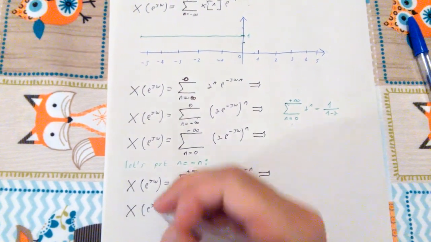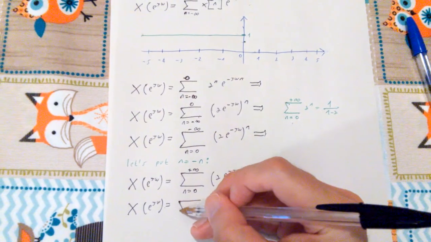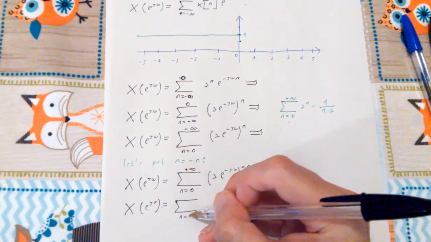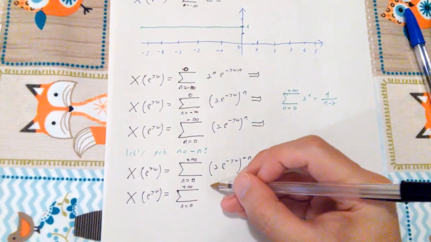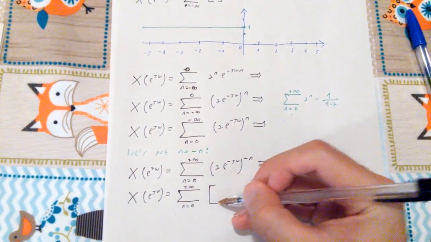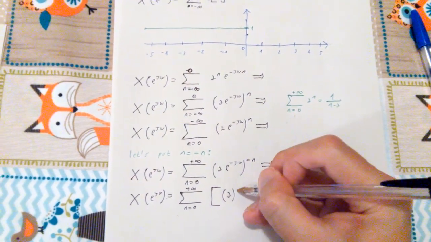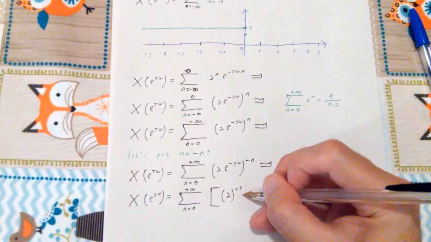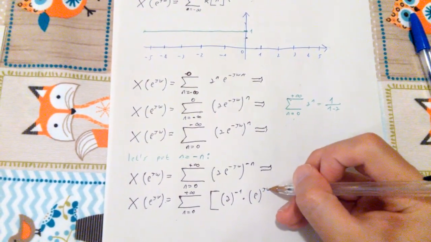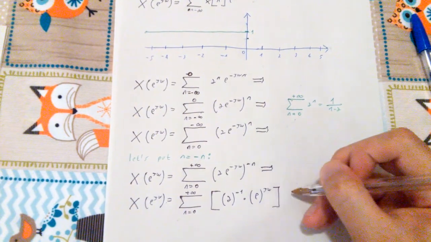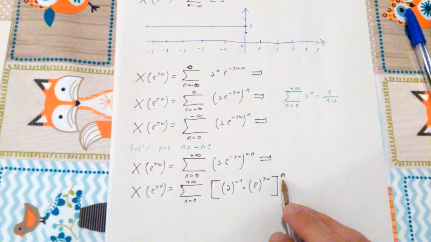So capital F of e to the j omega is actually equal to the sum for n that goes from 0 to positive infinity of this whole thing. So we can say, okay, a to the negative 1 times e to the positive j omega, all raised to the power of n, basically.